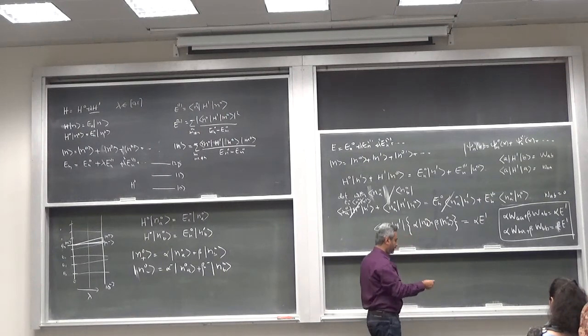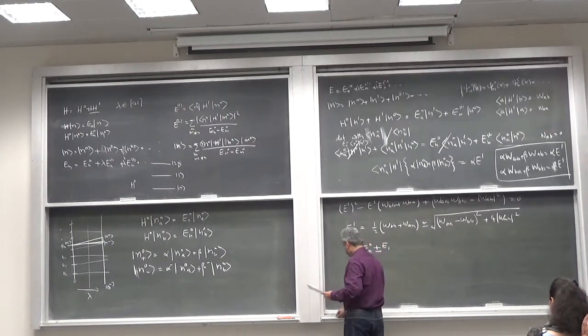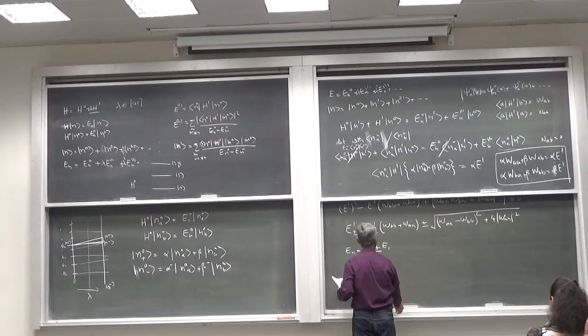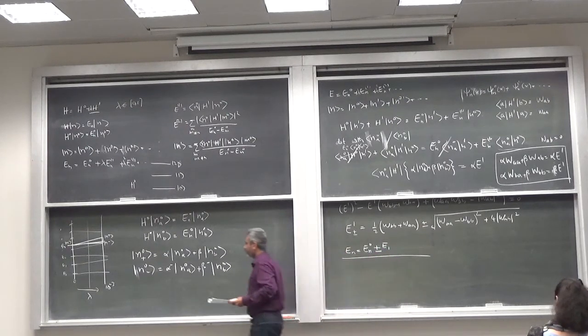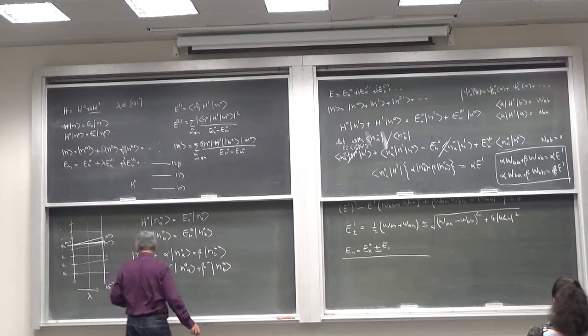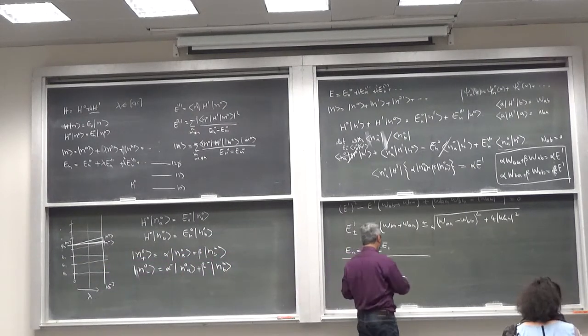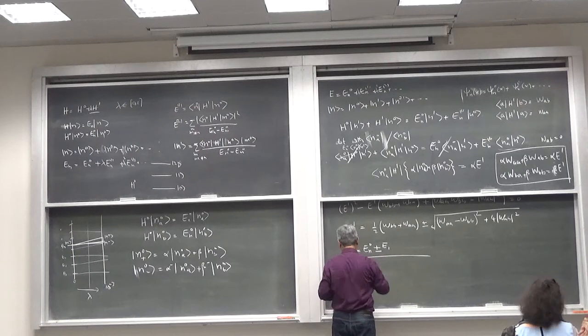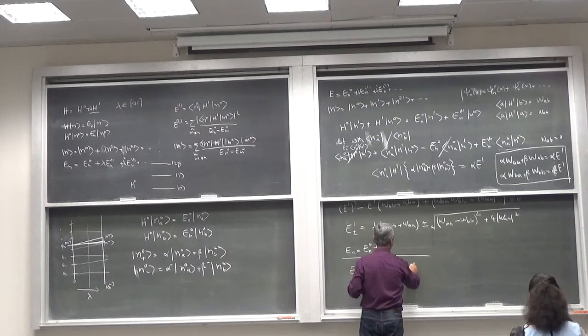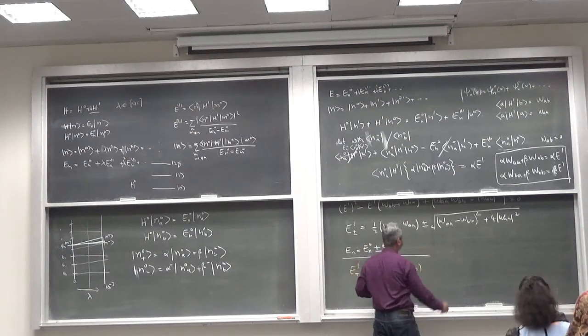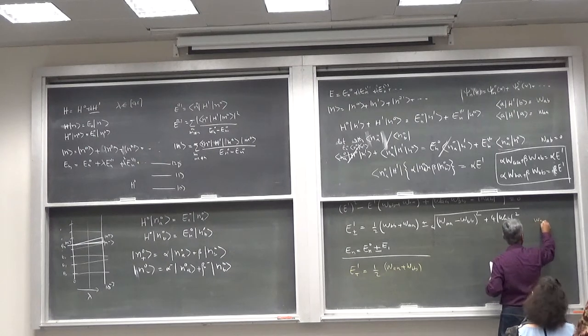In that case, you can show that E1 plus is just 1/2 (omega AA plus omega BB), and let's assume that omega AA is greater than omega BB.